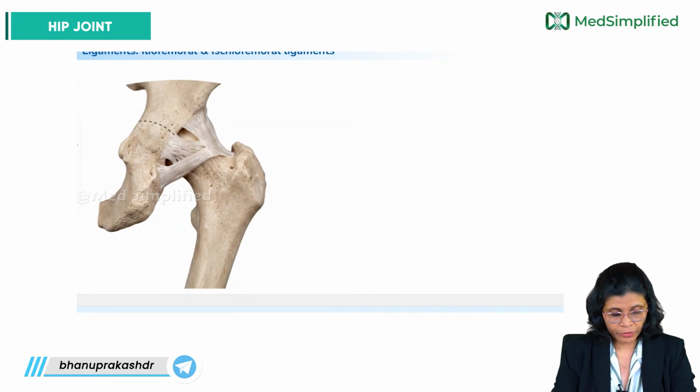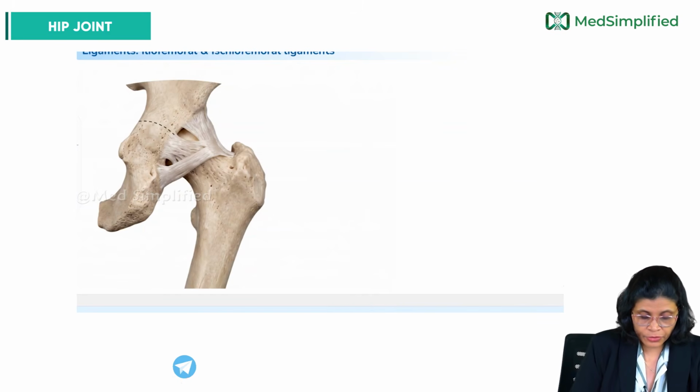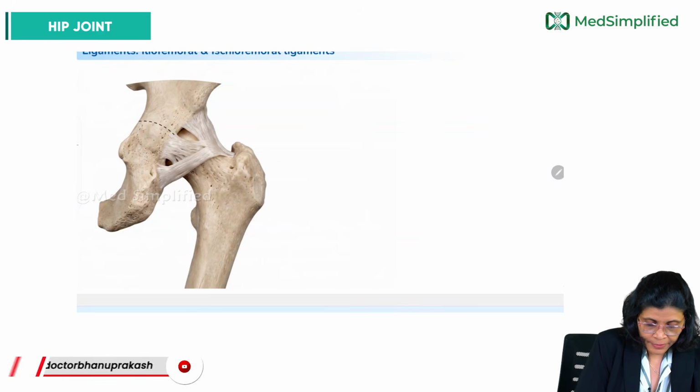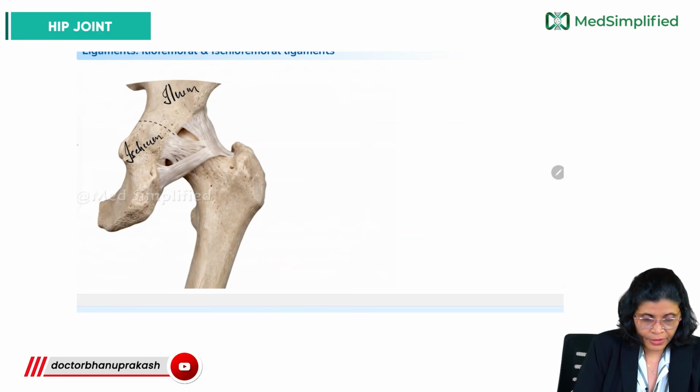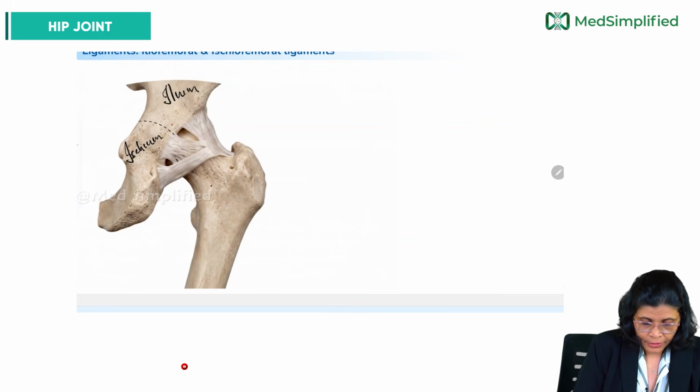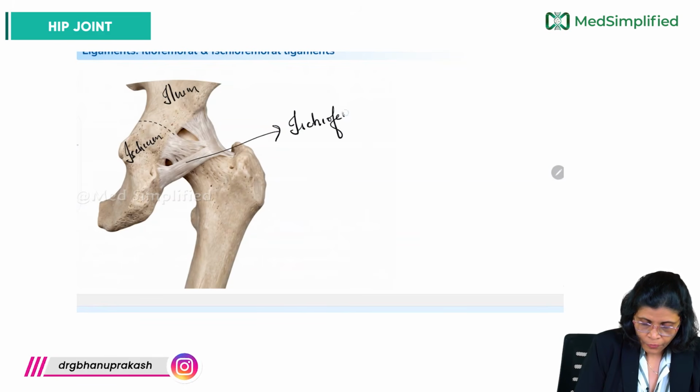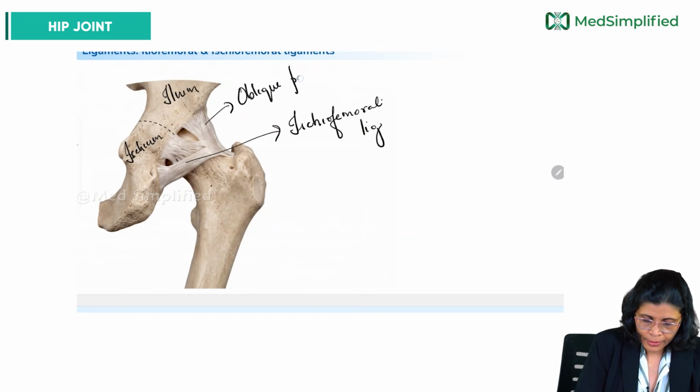This is the ilium and this is the ischium.